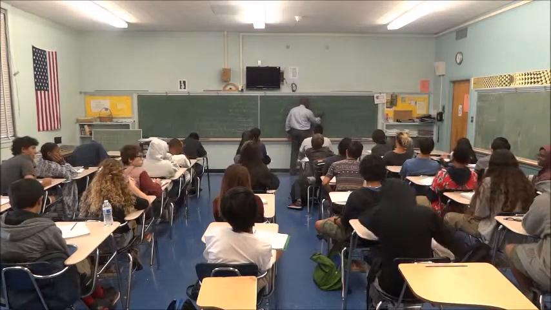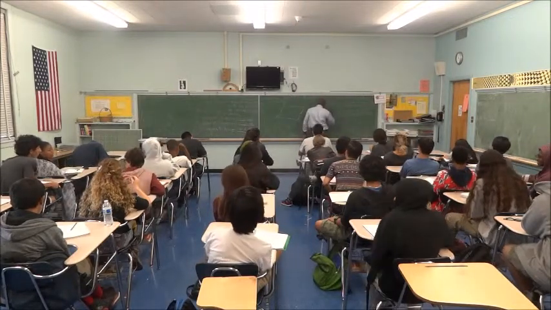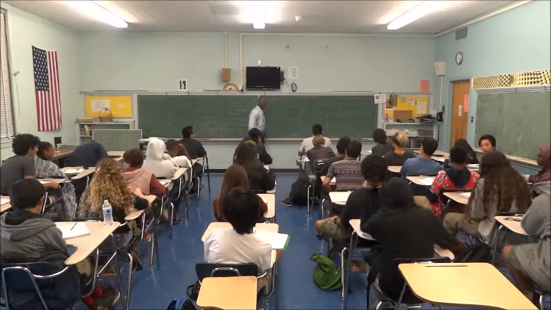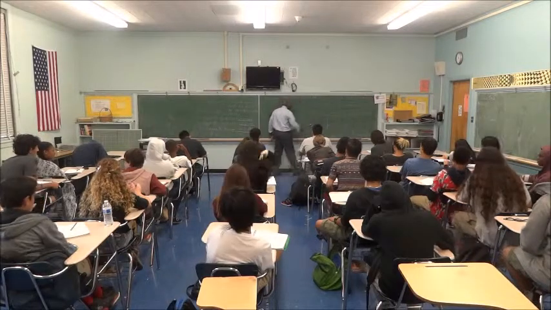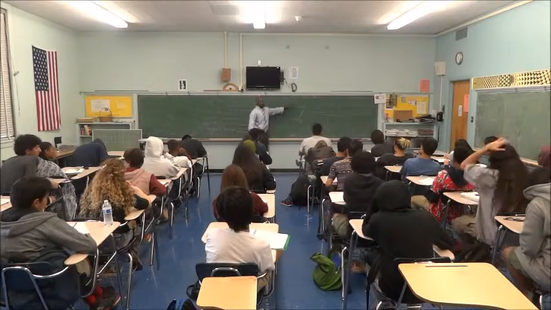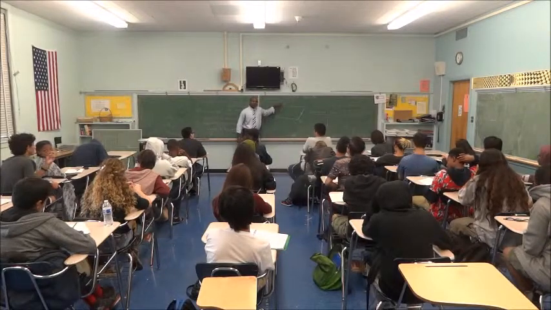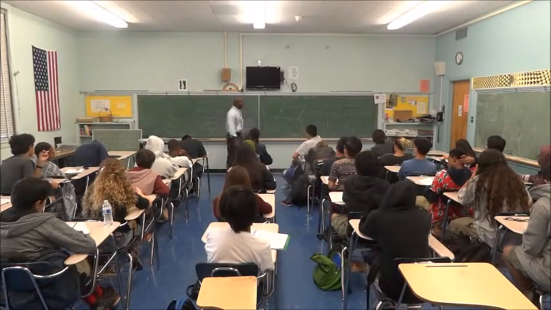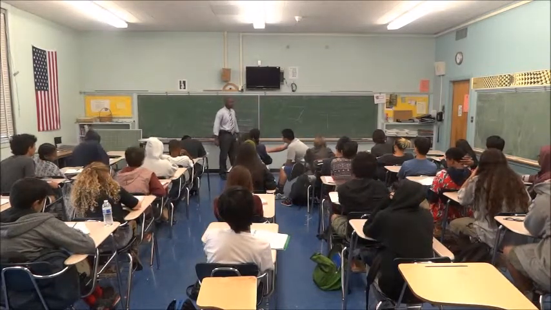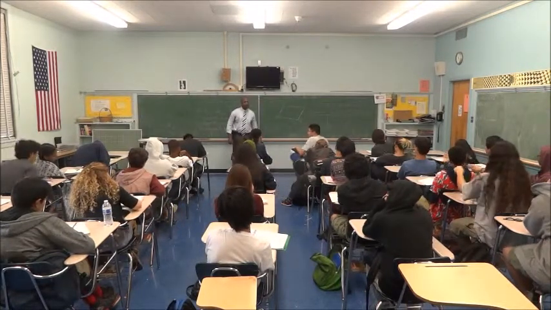I need you to talk with the neighbor. Statements. Knowing that these two sides are parallel, how do we prove that side AB is congruent to CD, or BC is congruent to AD?